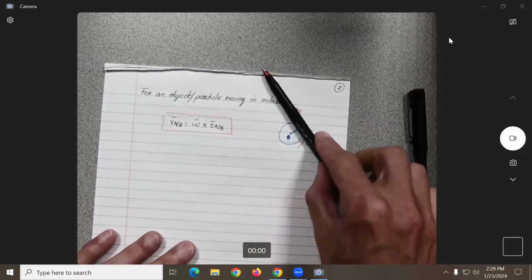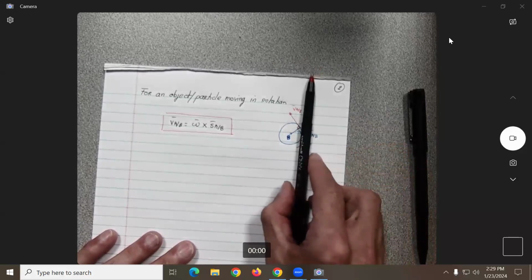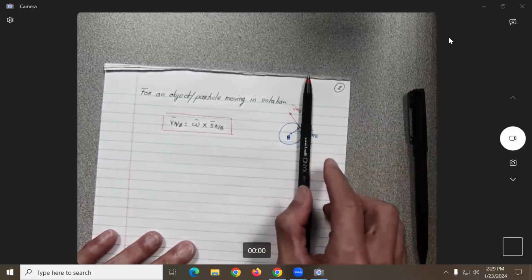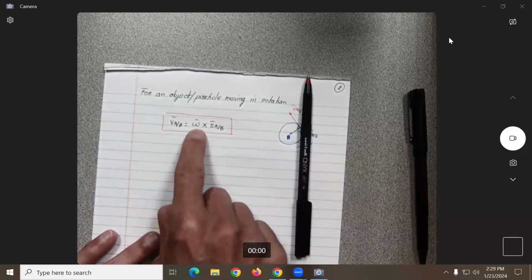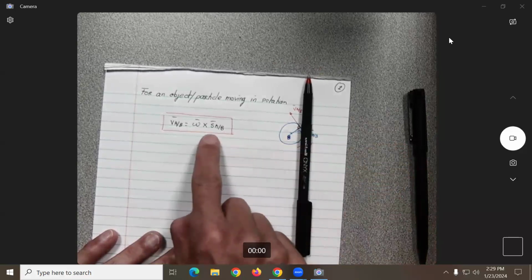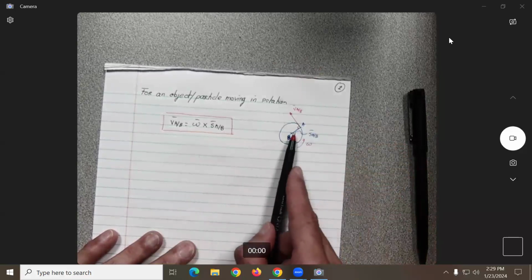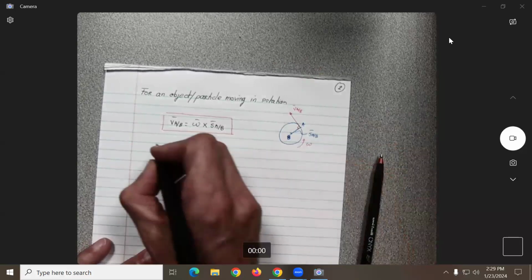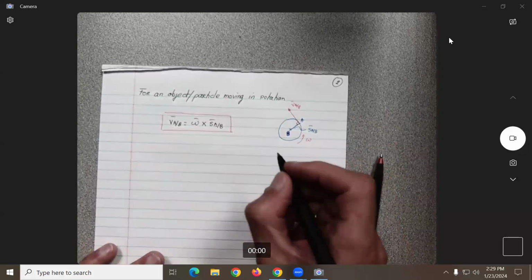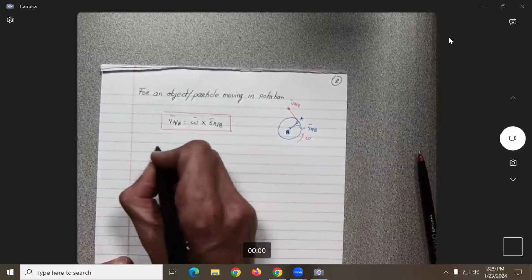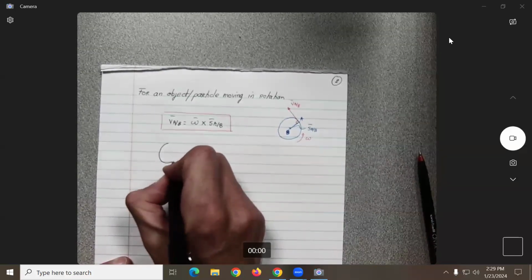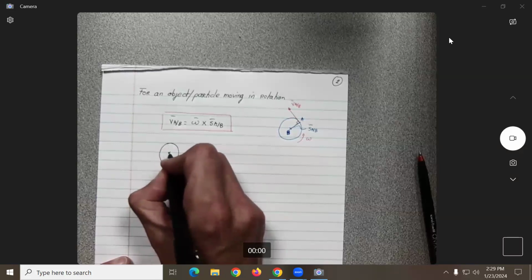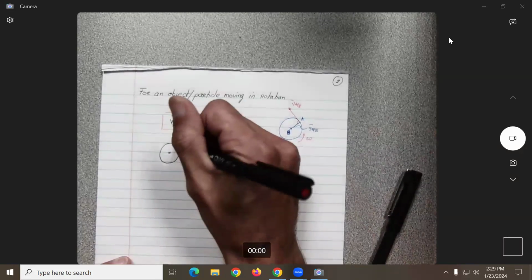If instead of doing it at an angle, I had done this with the VAB going straight up, what would you have? Omega would be in the K, correct? The position vector would be, let's do it this way. Let's say here, let's say I put this one here. Let's say I do the velocity this way.